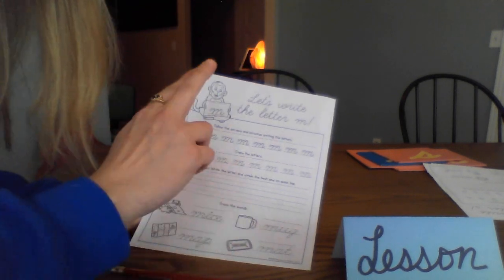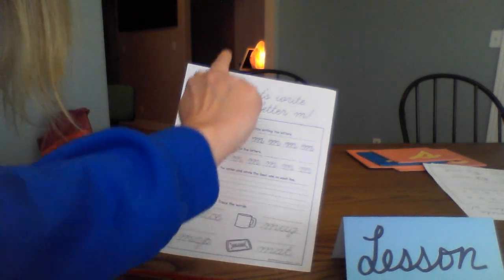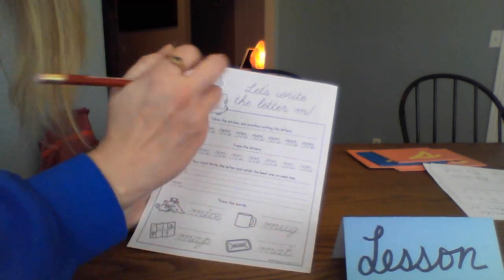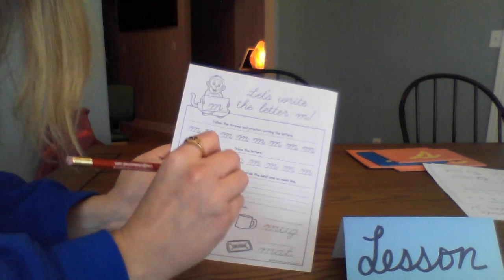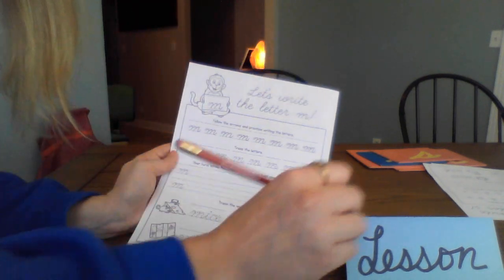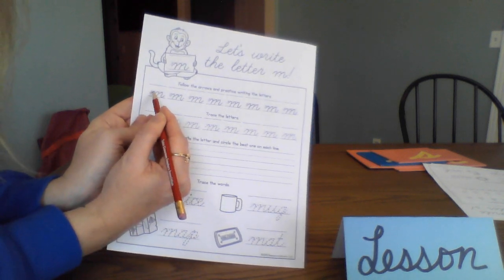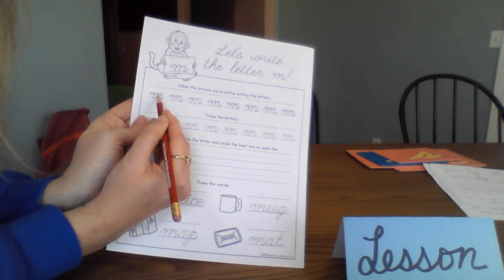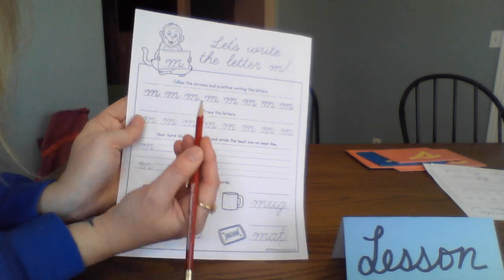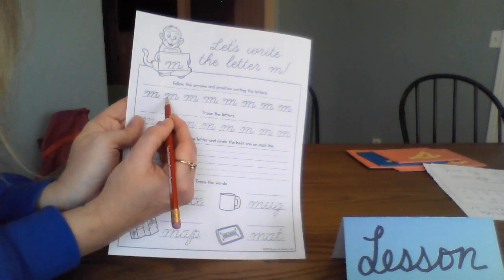So we know when we trace an M, it starts at the bottom and goes bump, bump, bump, out. And that's exactly how we're going to write it. Bump, bump, bump, out. You can see a little arrow right here, and you can trace it like this. Trace right on top of the letter.